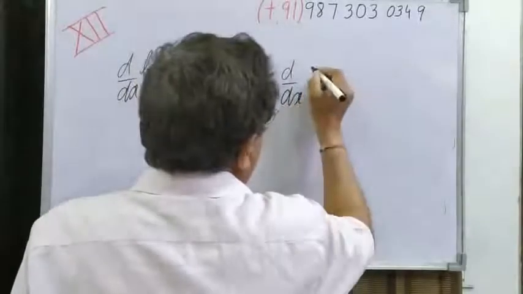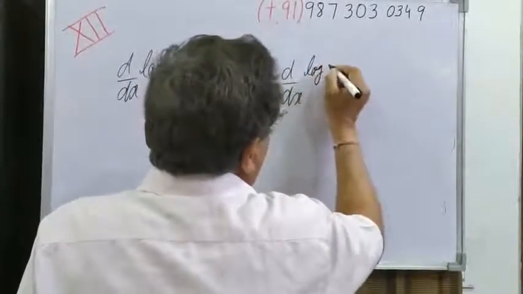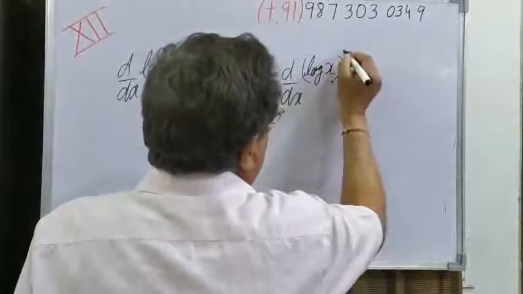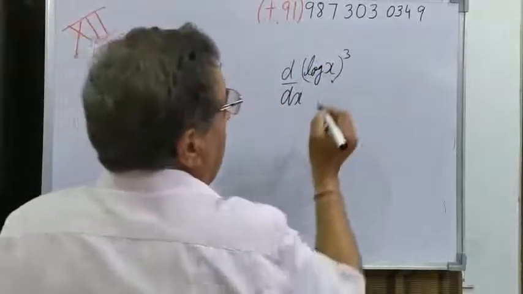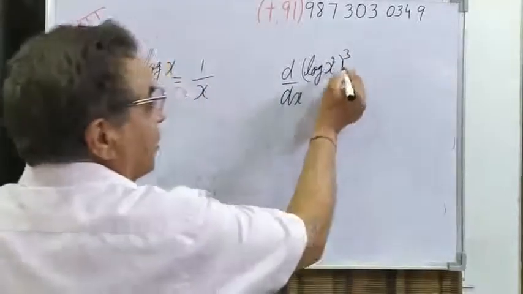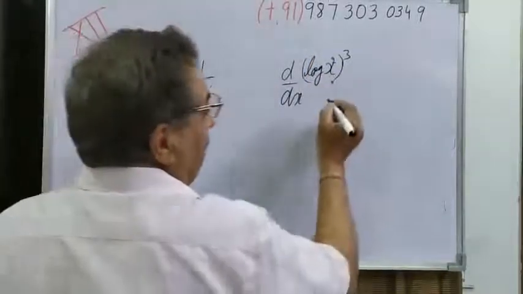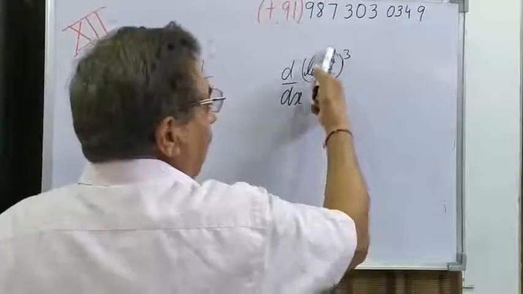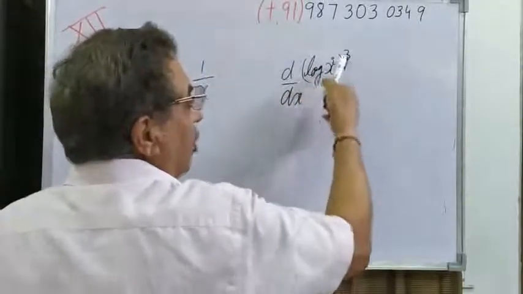Suppose we have to differentiate log of x squared, the whole to the power 3. First of all we treat this whole to the power 3.